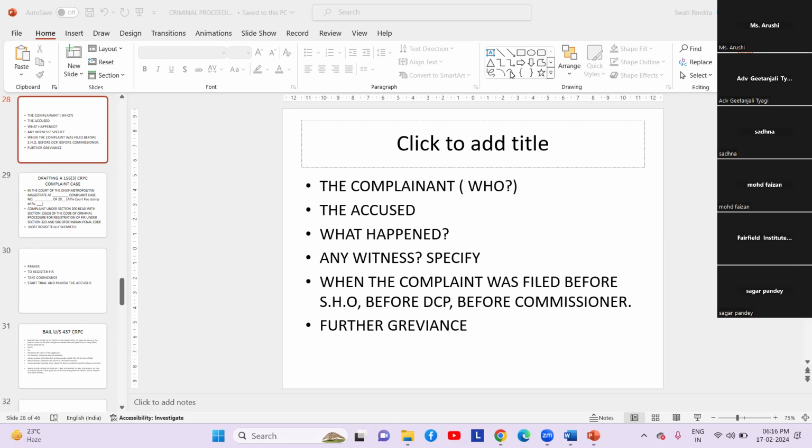Facts stated in FIR are fabricated, concocted and without any basis. Then the second will be that the police have falsely implicated the applicant and arrested him in the present case. The applicant is a respectable citizen of the society and is not involved in any criminal case. The facts stated in the complaint against the applicants are a civil dispute and do not constitute a criminal offense at all.